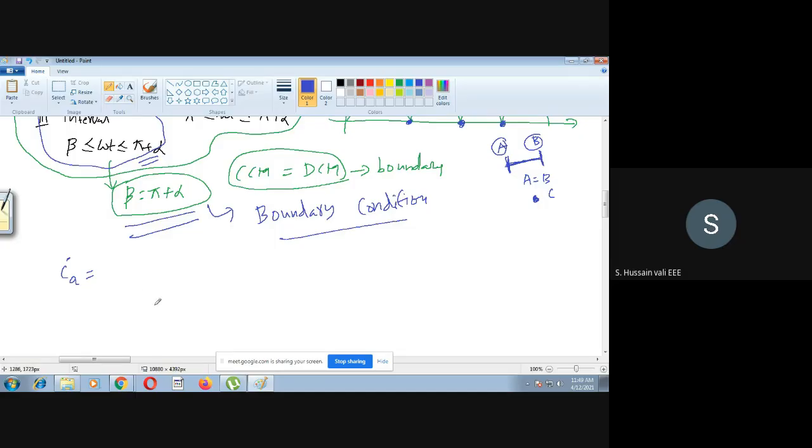The expression for IA we derived last class, I will rewrite here.